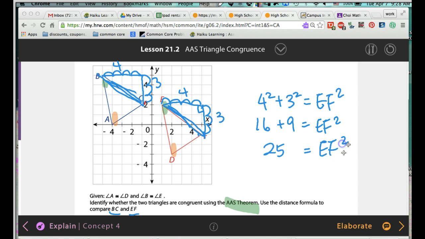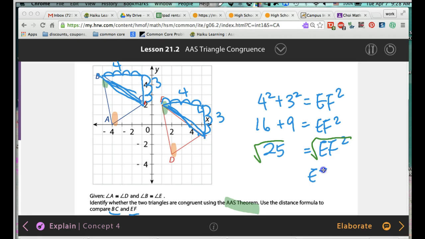A lot of people get confused over here. What do I have to do to find out how long EF is? How do you undo the square, guys? Not subtract itself, silly. You have to do the square root.